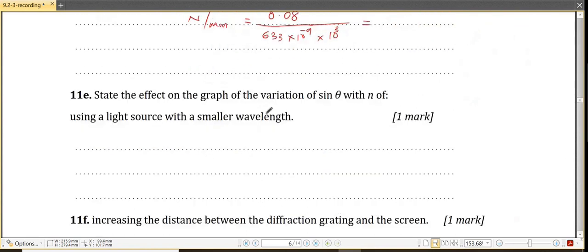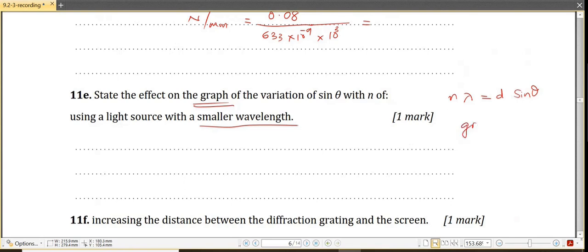State the effect on the graph of the variation of sine theta with n of using a light of smaller wavelength. Smaller wavelength. Think about it. So our equation is n lambda equal to d sine theta.